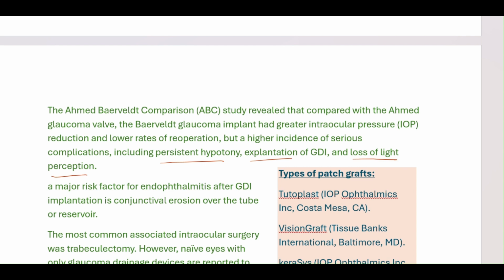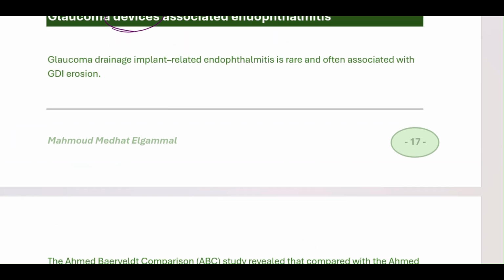Endophthalmitis usually happens if there is GDI-associated erosion. And this is the same for the pathogenesis of blebitis-associated endophthalmitis. If there was buttonholing of the conjunctiva, this led to blebitis endophthalmitis.